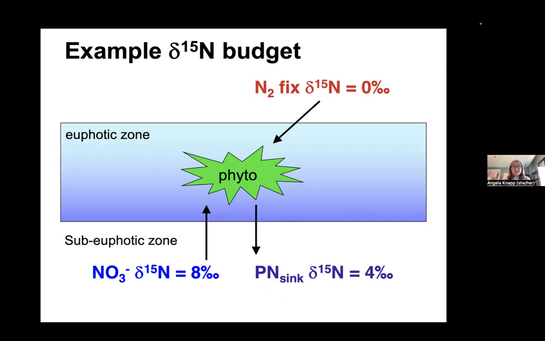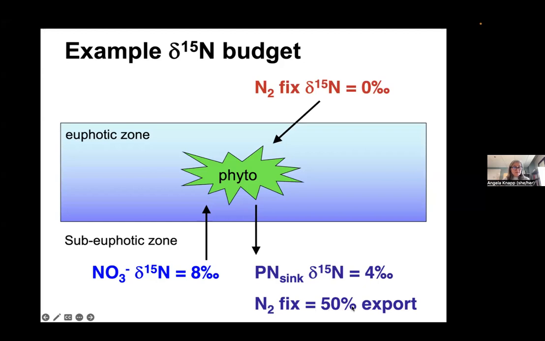Okay, so let's say we go somewhere and we find that the delta N15 of the sinking particulate nitrogen flux is 4 per mil. What that would tell us is that half of the carbon fixation and export in the system was supported by subsurface nitrate and half was supported by N2 fixation. Because if you mix something that's 0 and something that's 8 in equal proportion, you're going to make something that's 4, right?